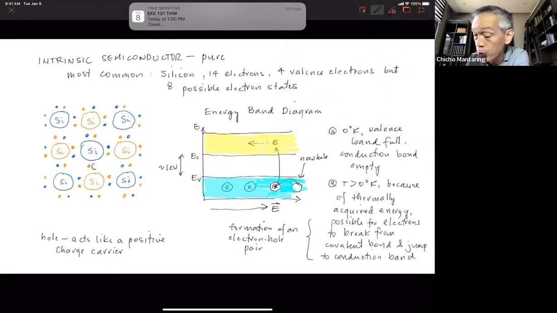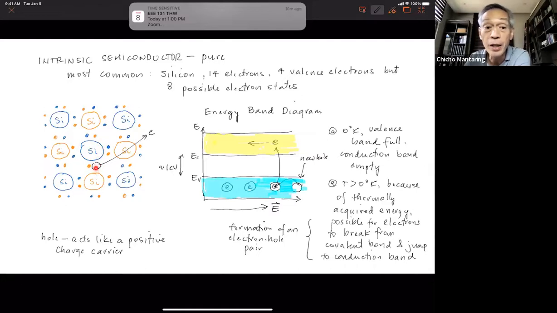Because the electron that used to occupy it is promoted into the conduction band. The minute I create a hole, this originally had enough positive charge to neutralize 4 electrons, but now there will only be 3 electrons around it. In effect, this atom becomes positively charged.